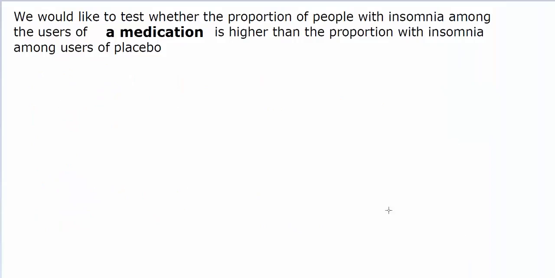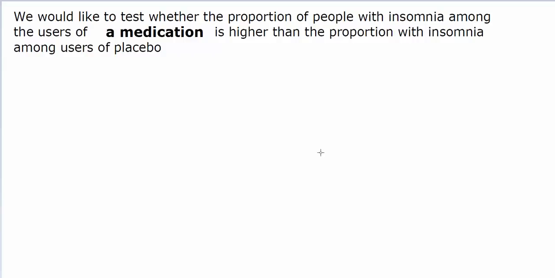Okay, so in this example, we are going to now test for two population proportions. The example that we have is we want to see whether the proportion of people with insomnia among the users of a medication is higher than the proportion with insomnia among the users of placebo, that is a dummy medication, right?